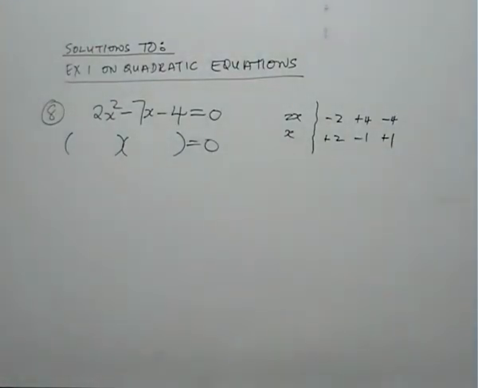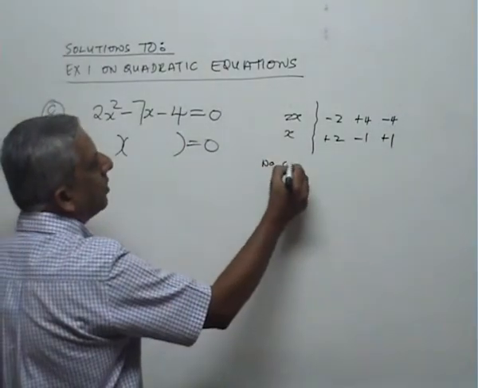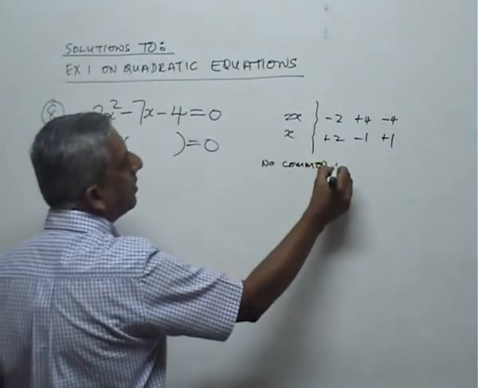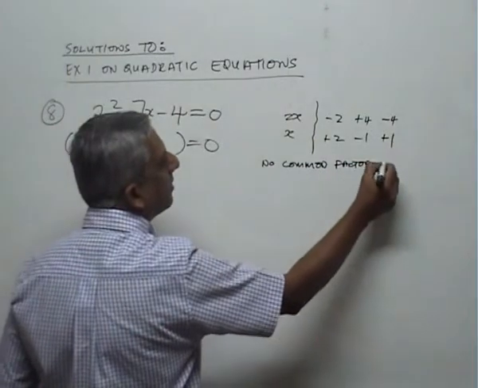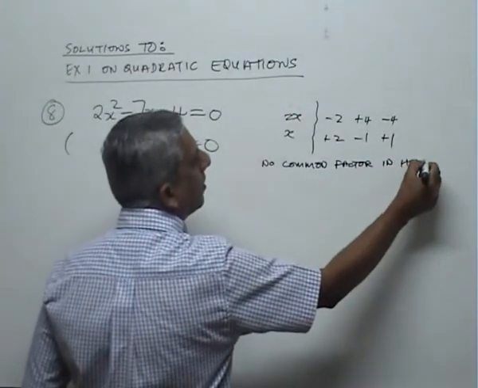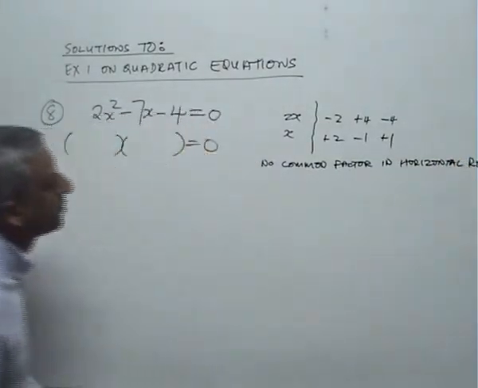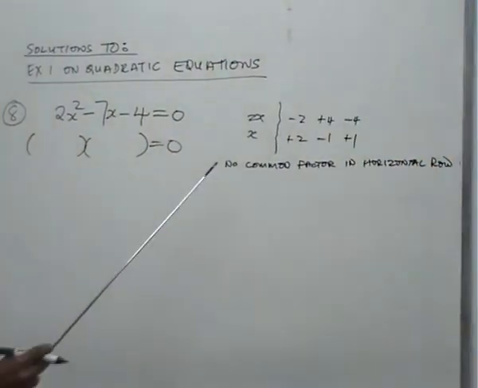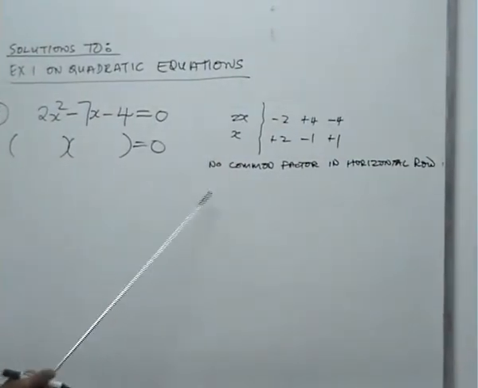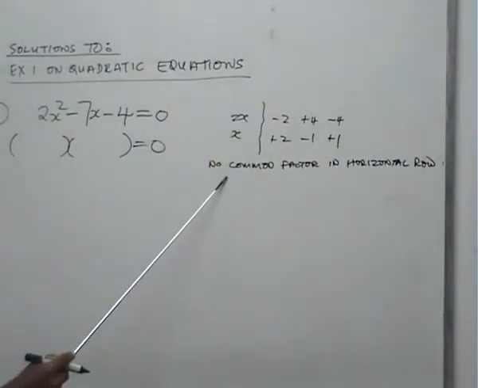Now, if you remember clearly, earlier on in factorization we told you that when you're factorizing trinomials, there must be no common factor in a horizontal row.